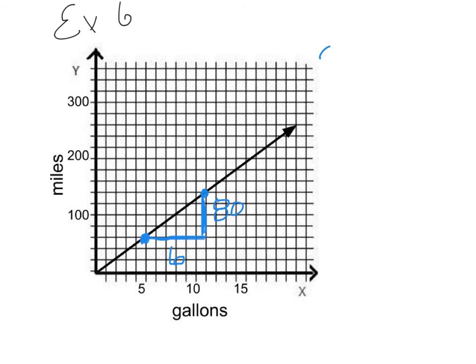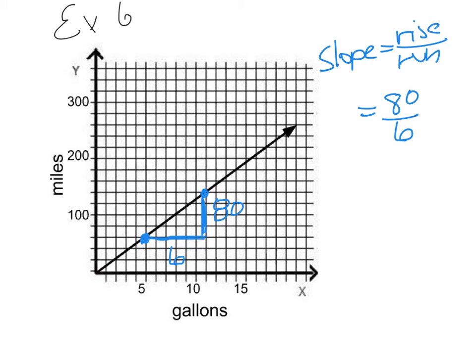So my slope, which is rise over run, is 80 over 6. That reduces to 40 over 3, and we're just going to leave that as an improper fraction.